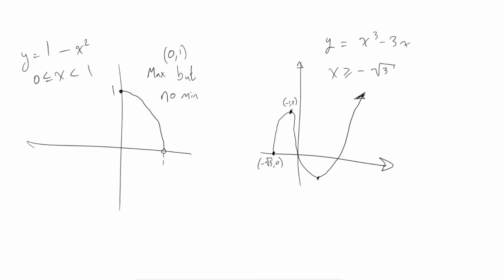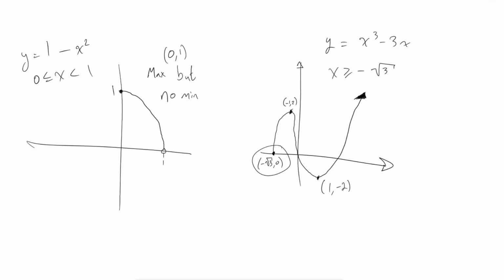The left side, the first endpoint, negative root 3, 0, would be a local minimum. But it's also the endpoint of the graph. And we have an absolute minimum here at 1, negative 2. But there is no absolute maximum because the graph goes on toward infinity. So we have a local maximum, an absolute minimum.